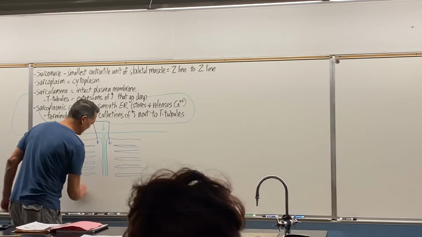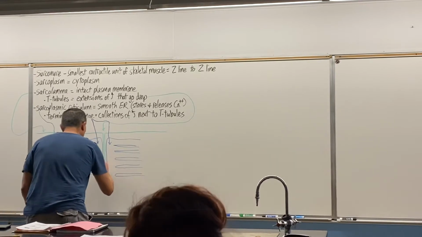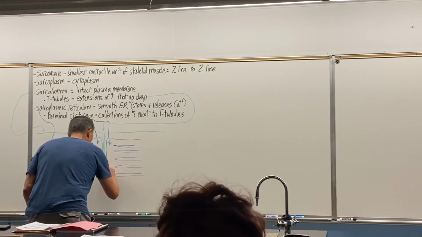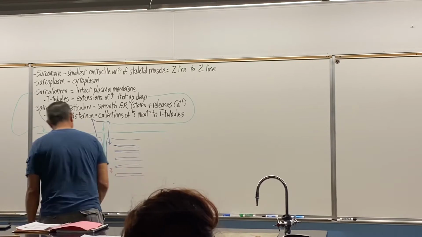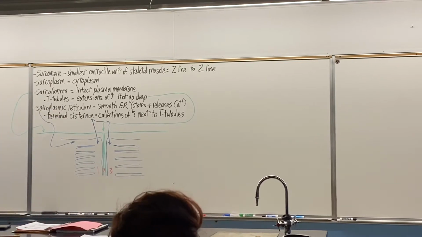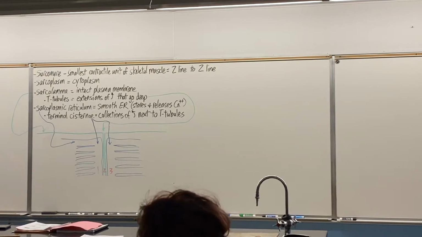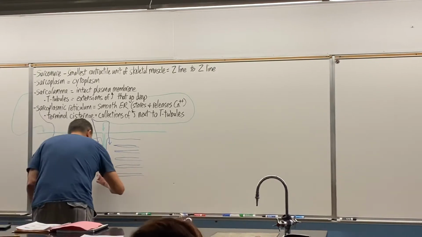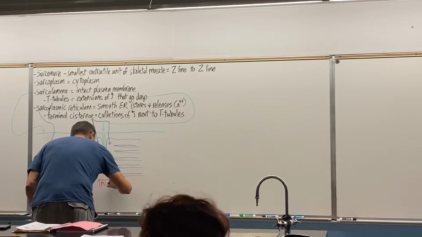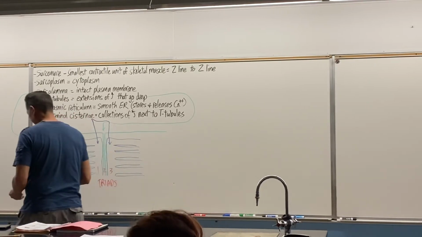So you have 1, 2, 3. Terminal cisterna, T-tubule, terminal cisterna. Everybody see the 1, 2, 3? That's why we call these triads. 1, 2, 3.